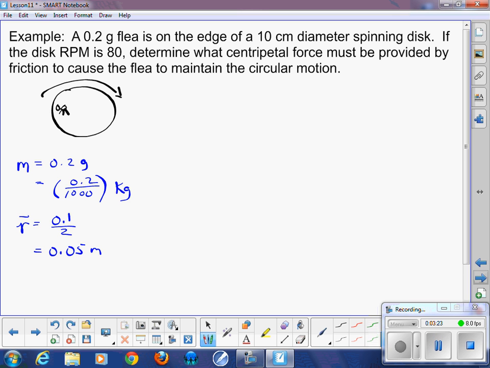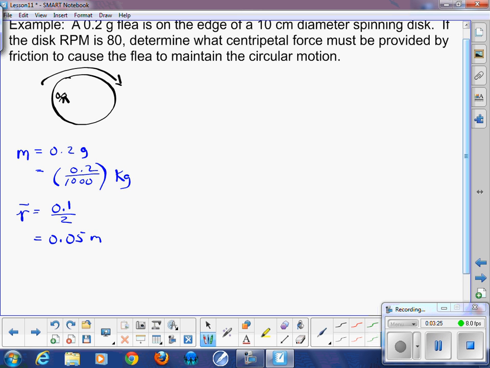Now the interesting part here is the RPMs. So 80 RPM. We know that we have a frequency. Frequency is how many revolutions per minute an object is spinning. So RPM is a frequency, but that's not in our SI standard.